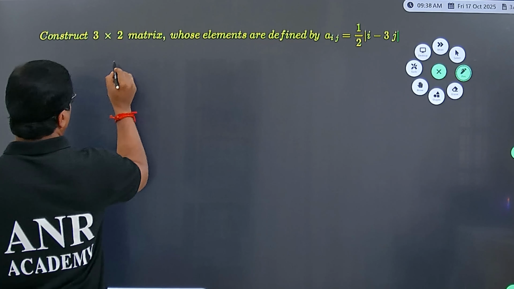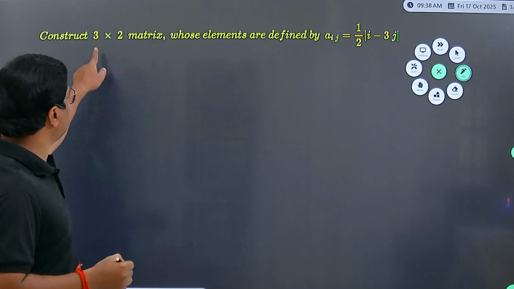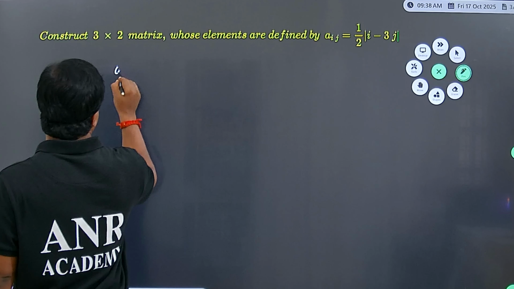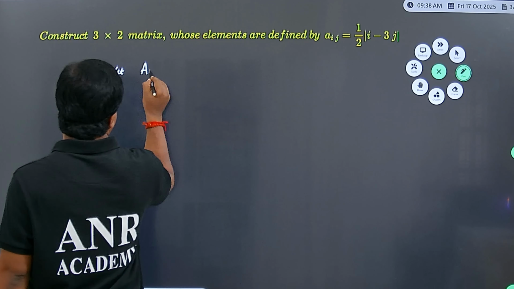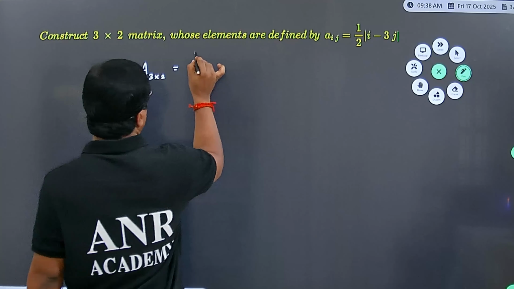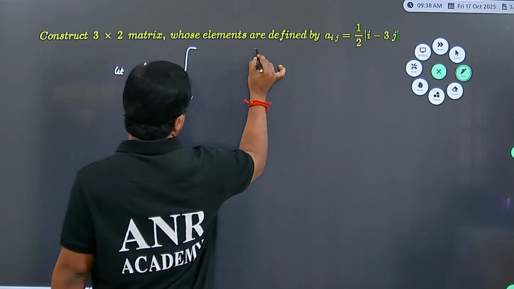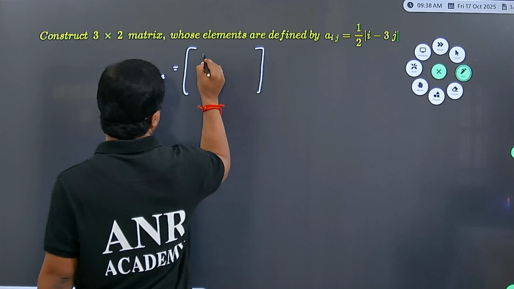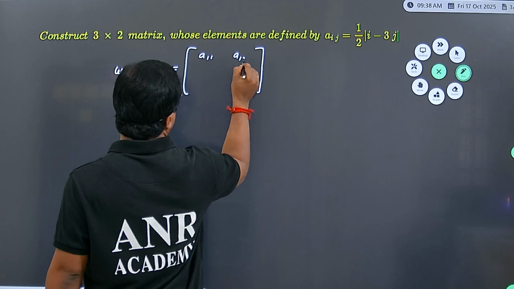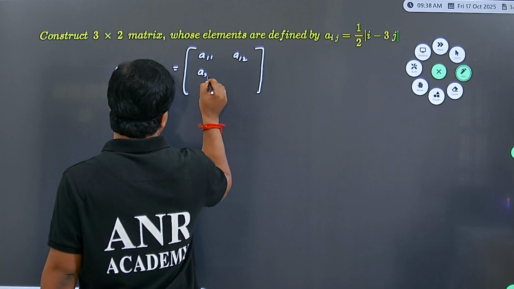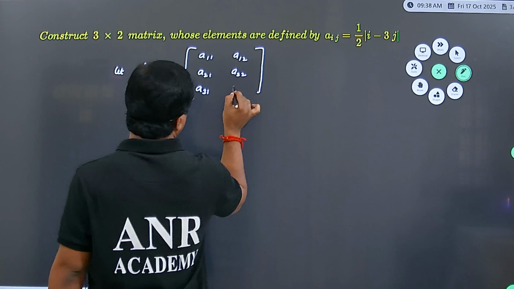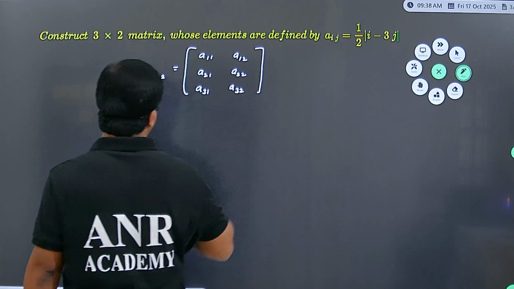Here you need to construct a matrix of order 3 cross 2, that is 3 rows and 2 columns. Let A of 3 cross 2 indicate 3 rows and 2 columns: A11, A12, A21, A22, A31, A32.